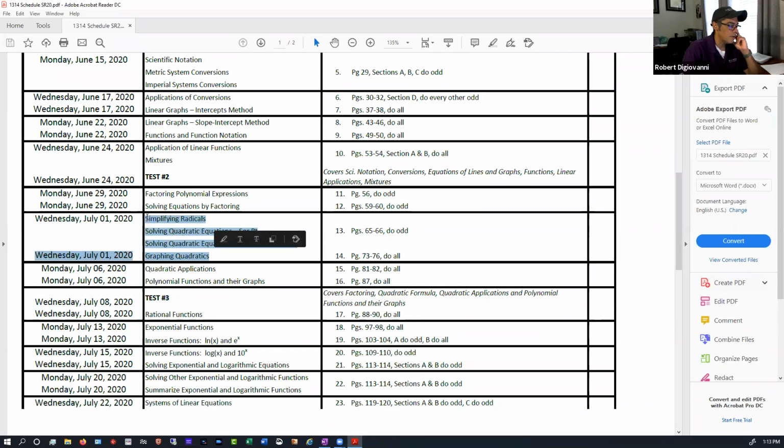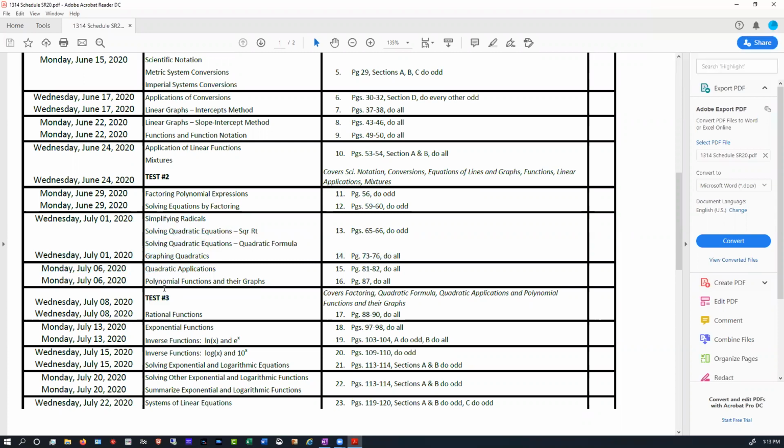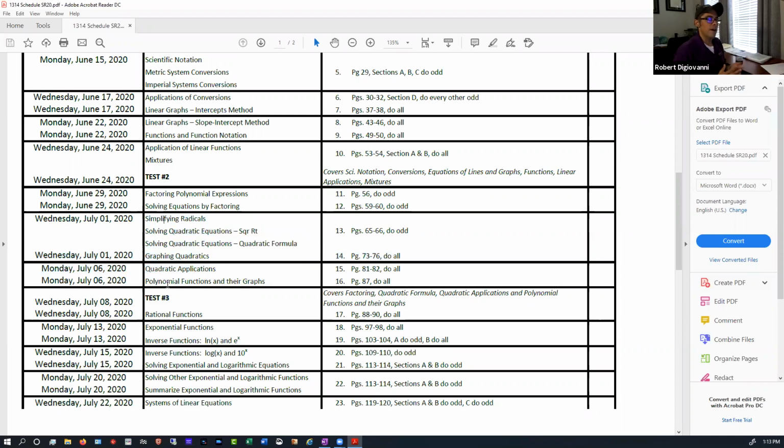We should be able to cover that first part in one class. And then we'll see what the applications are, and we still have a little bit of time. Obviously our test will not be next Wednesday. It's going to be pushed out again. Everything's been pushed at least one day out. So I see our test happening on July 13th, probably.